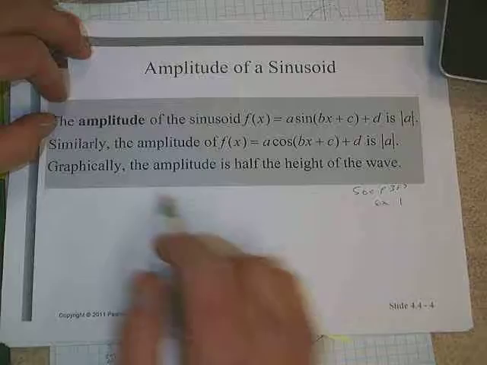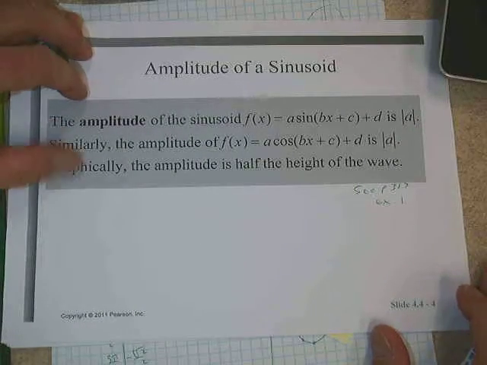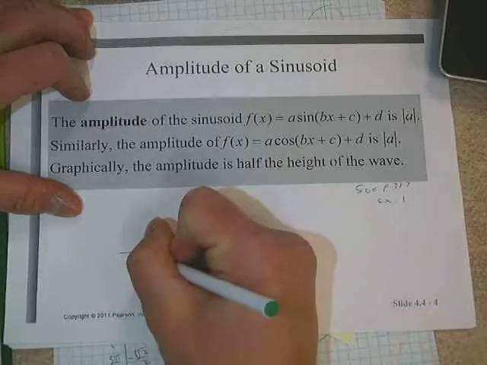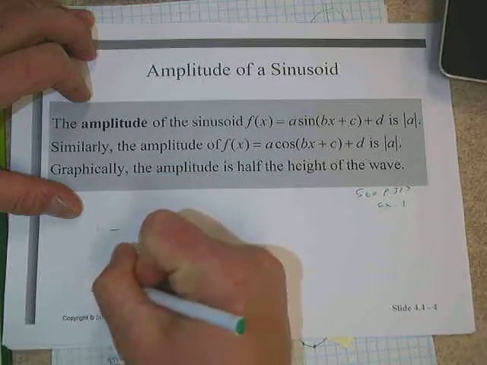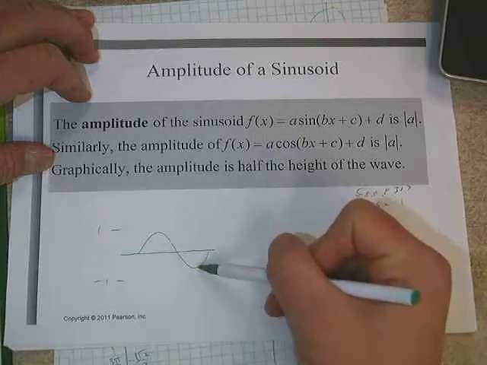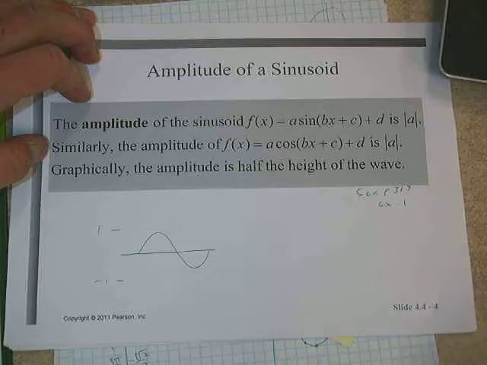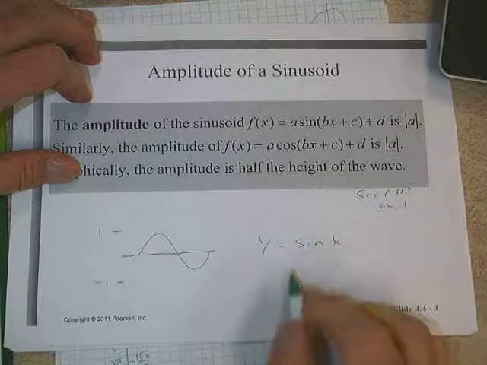Okay, all right. And a couple of facts about the amplitude. The amplitude is always half of the height of the wave. Think about how that worked with the sine that we just drew. We drew a sine function that looked like this. It went between 1 and -1. Okay. What's the height of the wave from top to bottom? The height is 2, and the amplitude is 1.